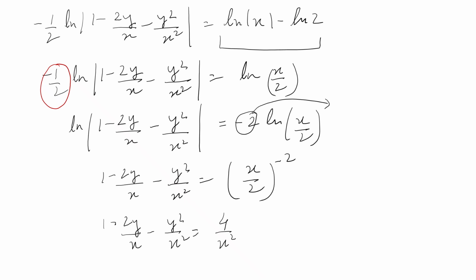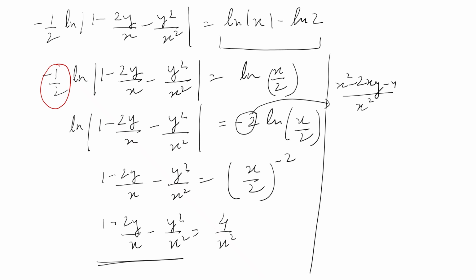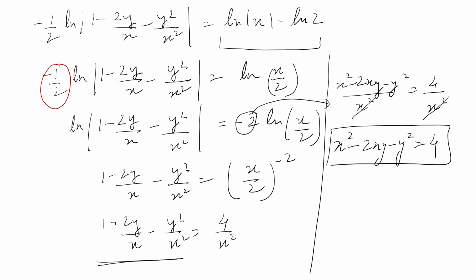Now if I take the LCM of the left hand side, I will get x square as my LCM. So x square minus 2xy minus y square is equal to 4 by x square. Now these x square will get cancelled out and I got my answer as this. This is the solution to the given homogeneous equation.